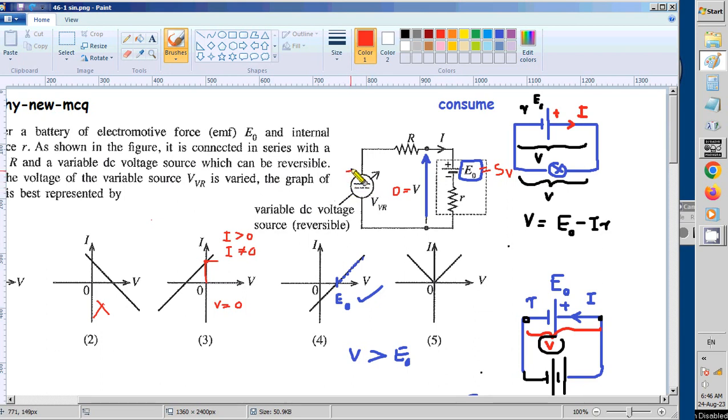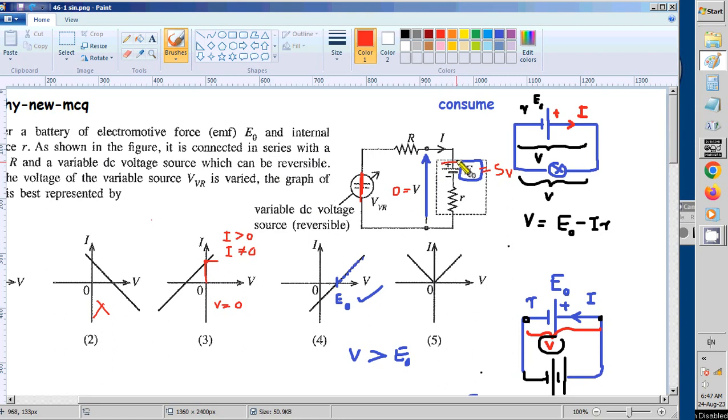That means we can't say this one positive, this one negative. So there are no polarities, it is neutral, it just acts as a conductor like this, because there is no voltage. Then this one is still here 5 volt, so this battery is now stronger than this one, which is 0.